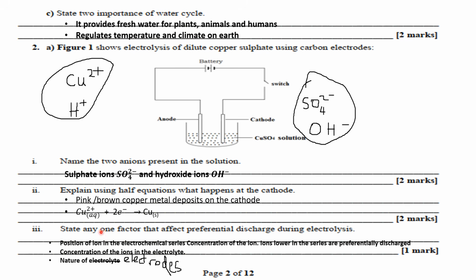But if we put copper electrodes, copper metal, it means the copper metal will begin to react with the copper sulfate.